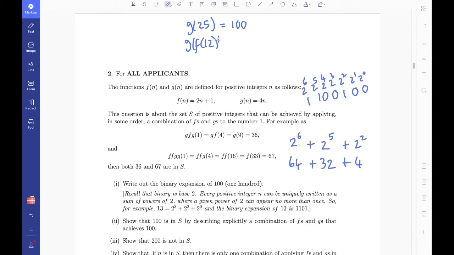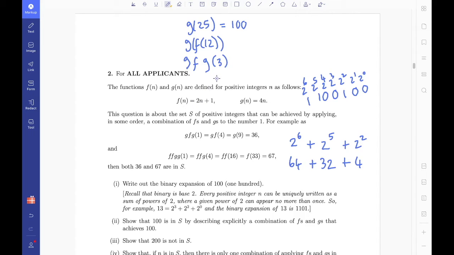Okay, and then repeating the process, 12 is a multiple of 4. It's 3 times 4. So 12 is in fact g of 3. So we can write this as g f g of 3. And the last step is, how do we make 3? Well, we have to do that with f because it's odd again, and 2 times 1 plus 1 is 3.